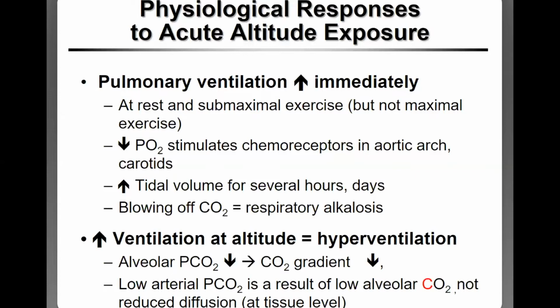So what we're going to talk about in this section is that the partial pressures of CO2 and O2 are a result of the low barometric pressure, and not a result of reduced function of the actual system.